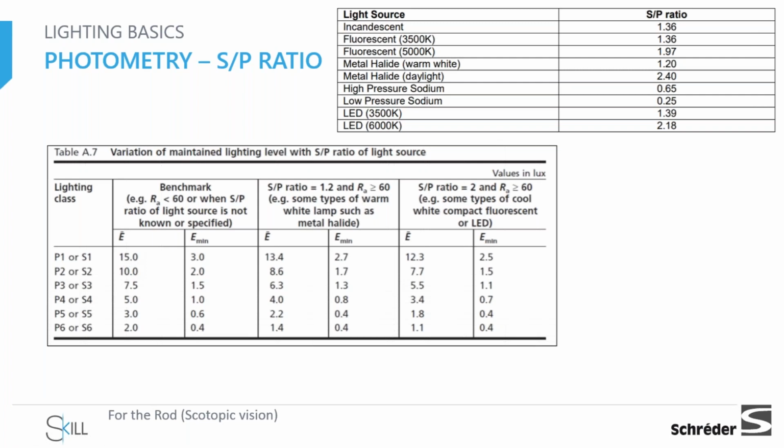On the same standard, they have allowed designers or owners of streets to reduce the light level if they are using a light source that has high blue content. For example, if you are using a normal bulb without considering the SP ratio, the light level required is 15 lux. If you use a light source with an SP ratio of 1.2, you can go from 15 to 13.4.